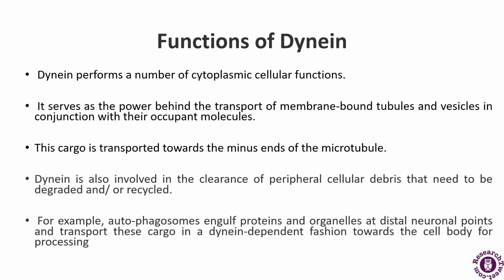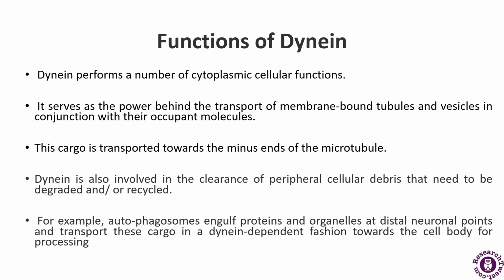Next are the functions of the dynein. So what are the functions of the dynein? First of all, the dynein will perform a number of cytoplasmic cellular functions. It serves as the power behind the transport of membrane-bound tubules and vesicles in conjunction with their occupant molecules.